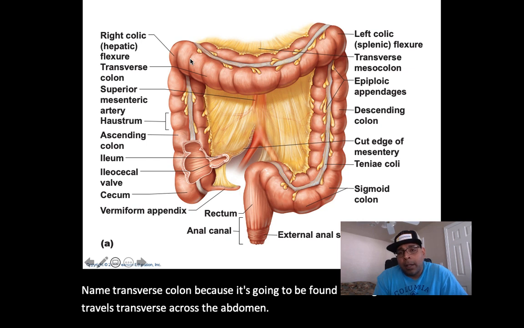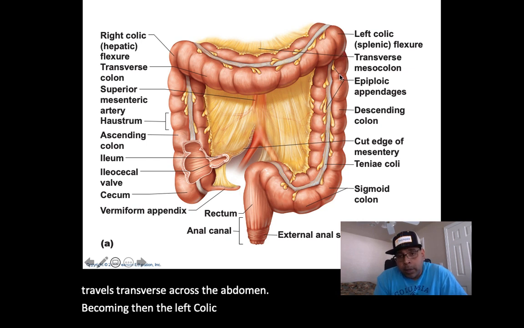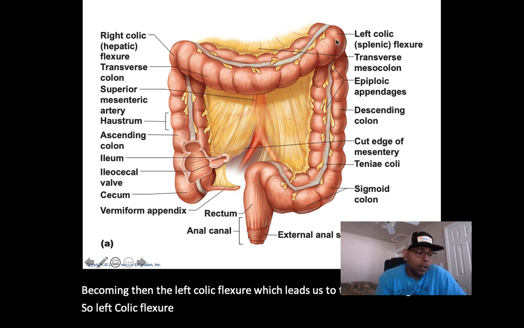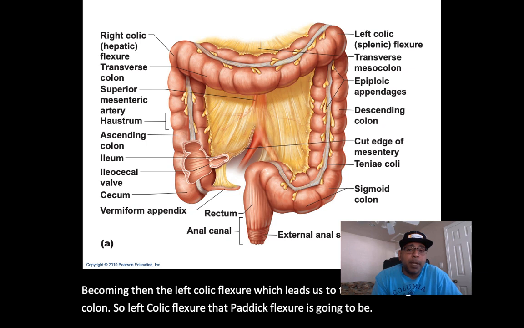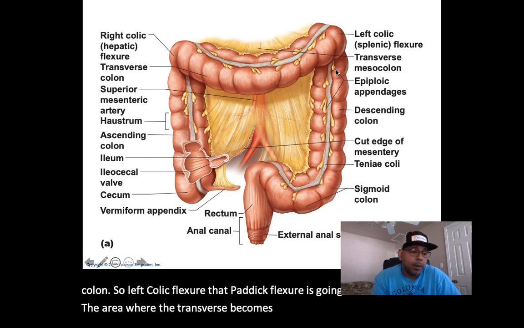Becoming then the left colic flexure, which leads us to the descending colon. So the left colic flexure, the splenic flexure, is the area where the transverse becomes the descending.